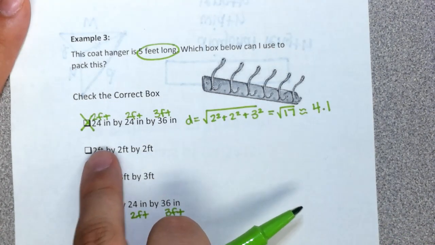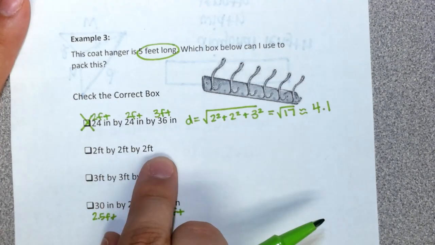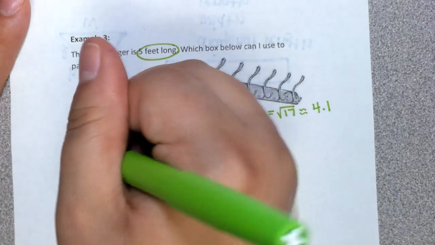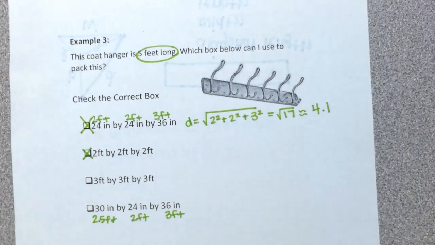So right, if it doesn't fit in a 2x2x3, is it going to fit in a 2x2x2? No. Probably not. I mean, you can still do the work to check it. Probably not. Try these last 2, go.